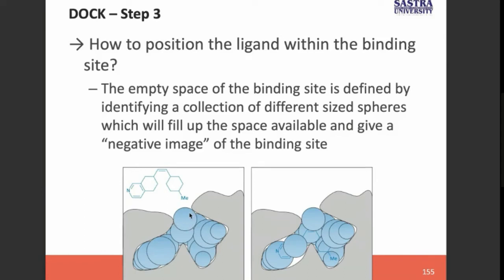Similarly, if you take this sphere, it is making contact in this position and this position. If you take this smaller sphere, it is making contact in this position and this position. So similarly, you have to fill with many spheres, but the condition is that each sphere within the binding site should be in contact with the binding site in two places or two positions. Is that understandable?